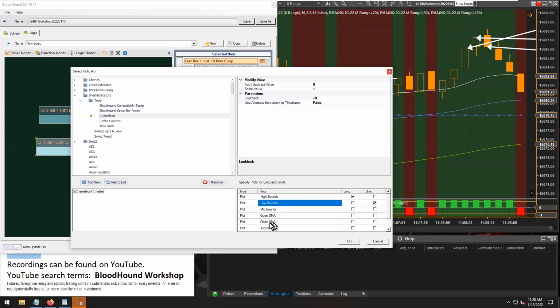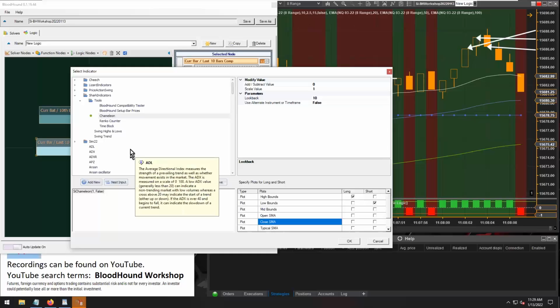I'm just thinking to myself, what if you wanted the highest high of the closing price versus the lowest closing price? Well, I guess you would need your own custom indicator for that. You would need to customize an indicator that tracks the highest close of the last 10 bars and the lowest closing price of the last 10 bars.